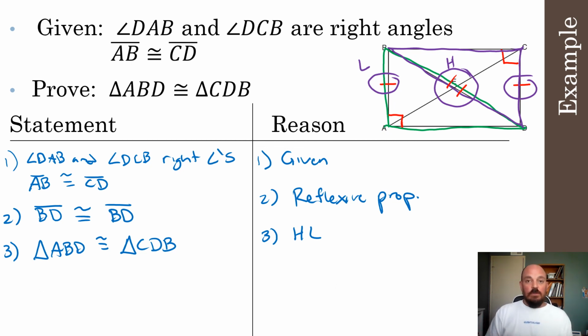Any of the other 4 theorems also work: SAS, ASA, AAS. You wouldn't use SSS because 2 sides is already HL. So, I mean, it would work, but it would be extra work. You don't need to show the third one. But really, any of the theorems work. So we have one new theorem, HL, for you to consider for right triangles, but remember it only works for right triangles.